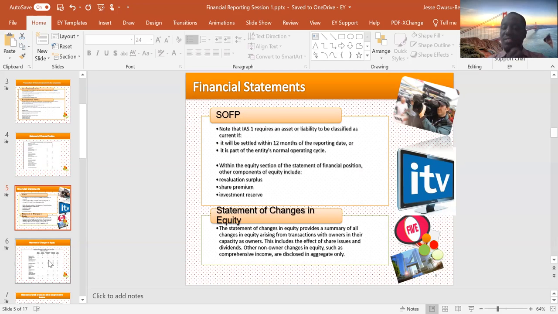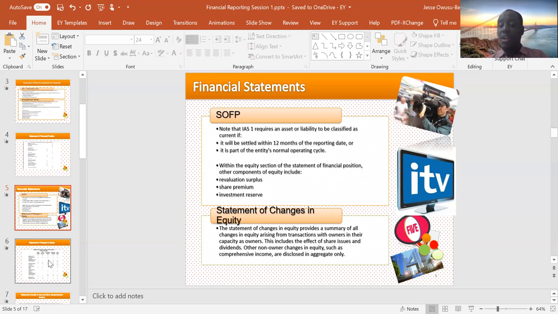So the statement of changes in equity simply provides a summary of all the changes in equity arising from transactions with owners. This includes the effect on share issues and dividends, basically.